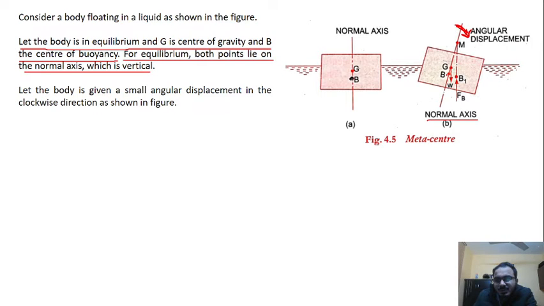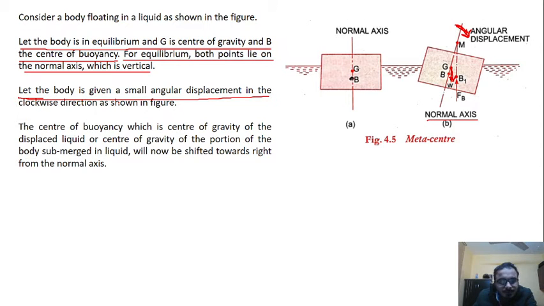So G and B, and now the weight force will remain in a pure downward direction like this. Here you can see, that is W. W will be passing through G itself and it will be in a vertically downward direction.